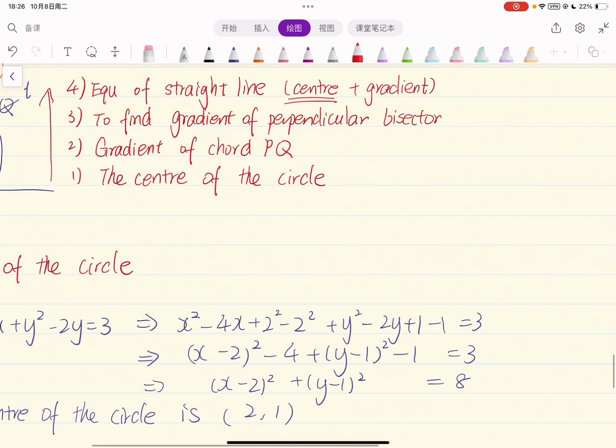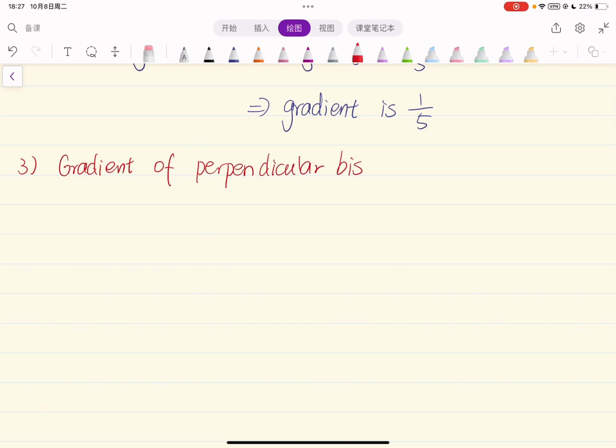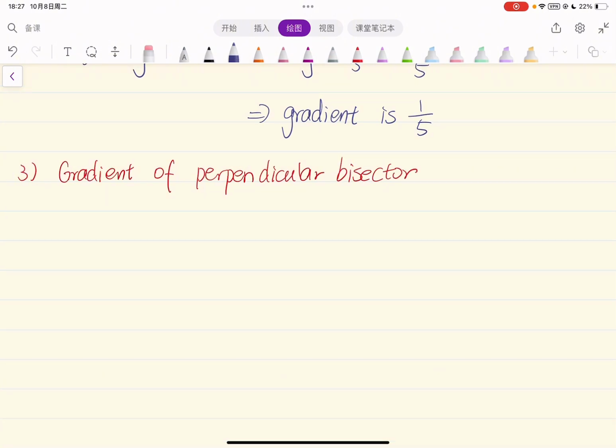So the gradient of the perpendicular bisector is minus 1 divided by 1 over 5, which equals minus 5.